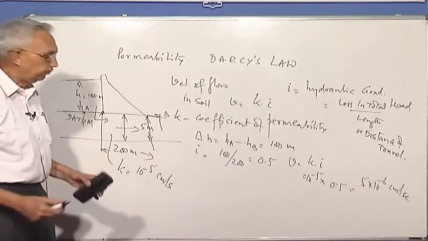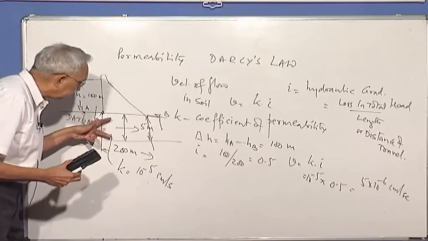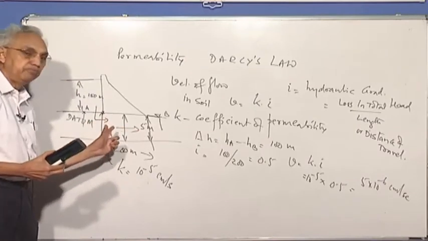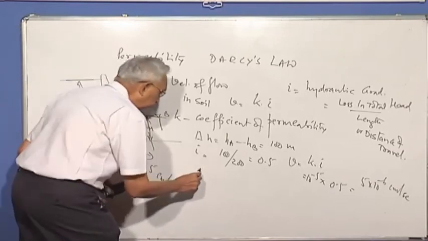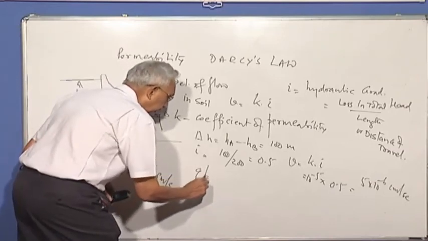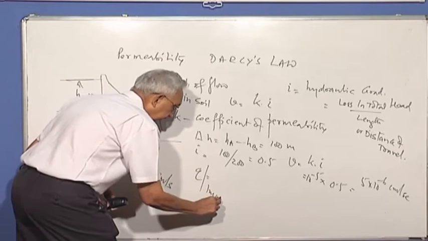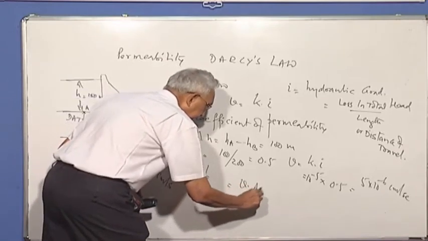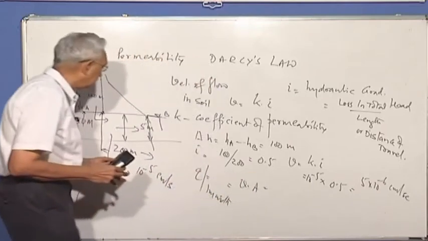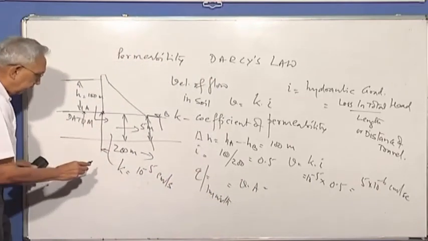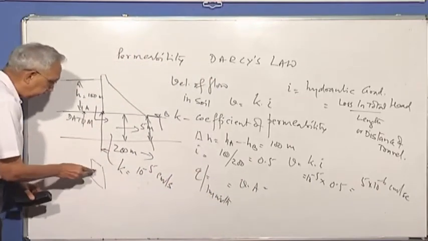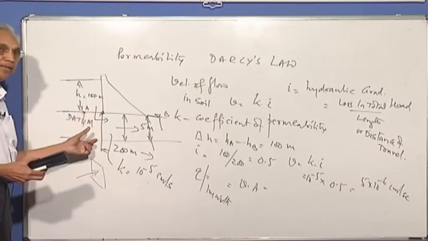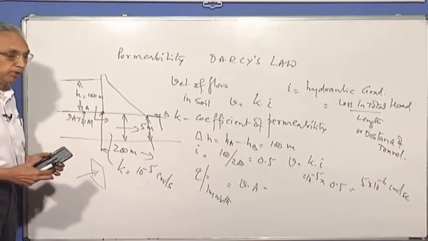And what will be the flow? Now the thickness of the stratum is 5 meters. Let's look at 1 meter width. Flow for 1 meter width of the dam is equal to V into cross-sectional area. Please remember, you have to look at the cross-sectional area through which the flow is taking place. So the thickness is 5 meters and the width is 1 meter.